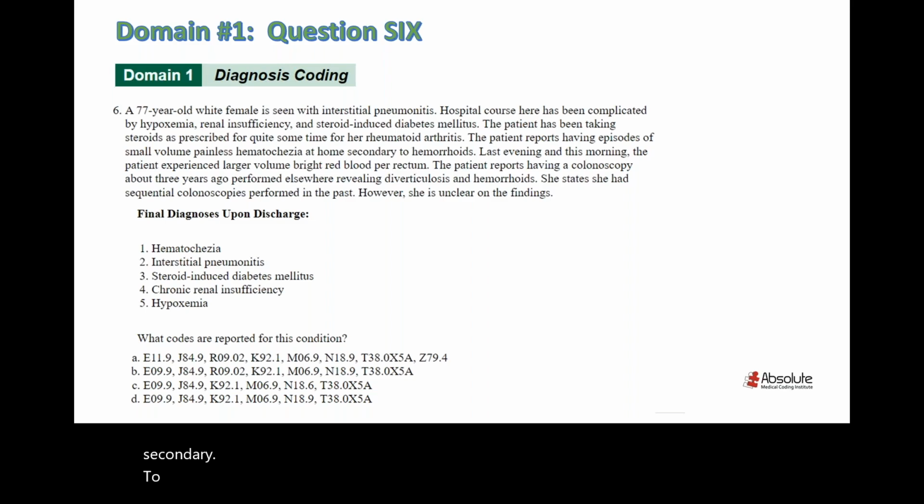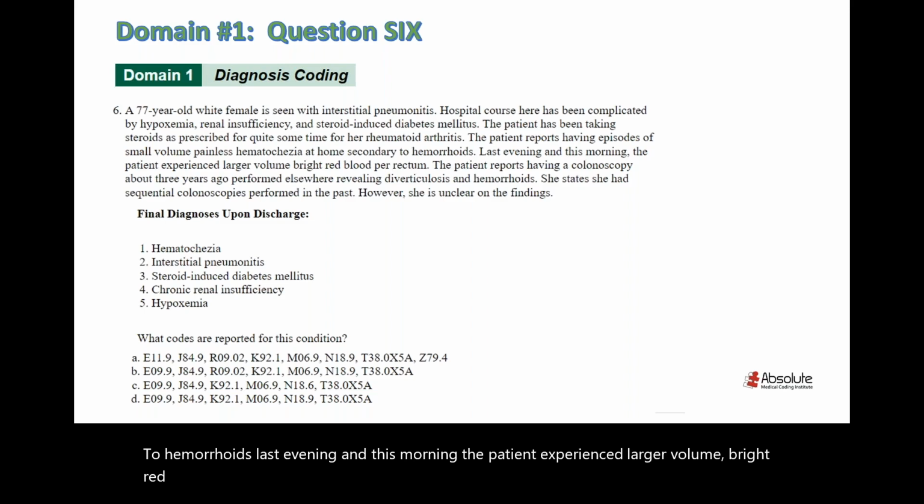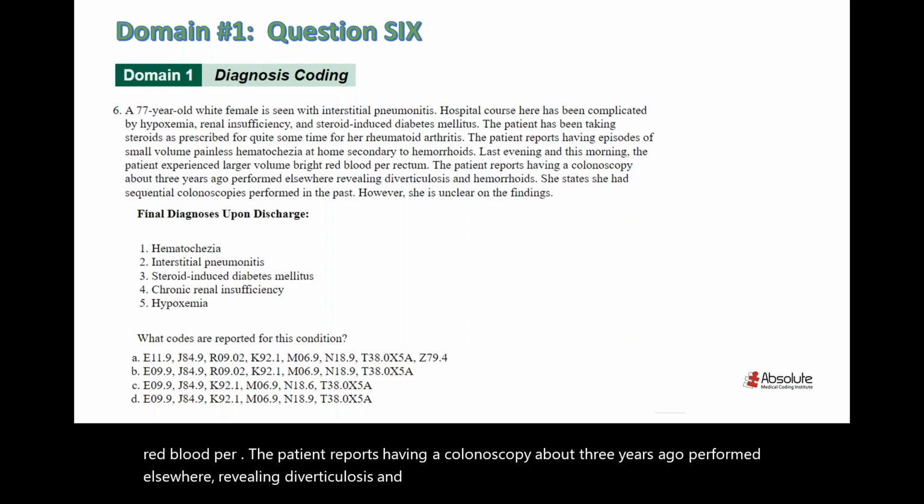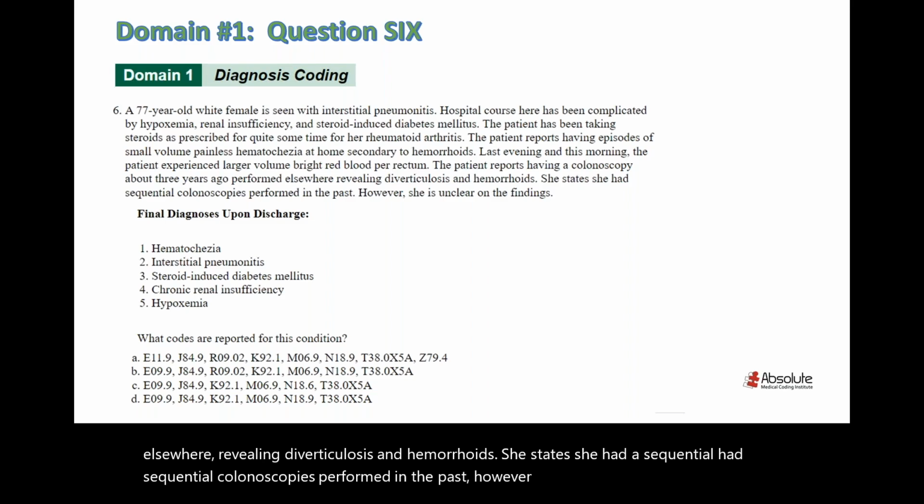Last evening and this morning, the patient experienced larger volume bright red blood per rectum. The patient reports having a colonoscopy about 3 years ago, performed elsewhere, revealing diverticulosis and hemorrhoids. She states she had sequential colonoscopies performed in the past. However, she's unclear on the findings.